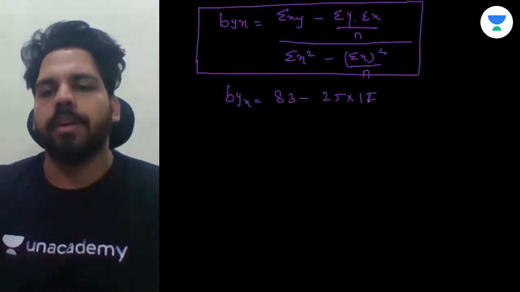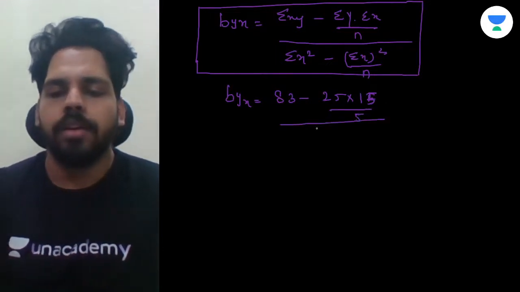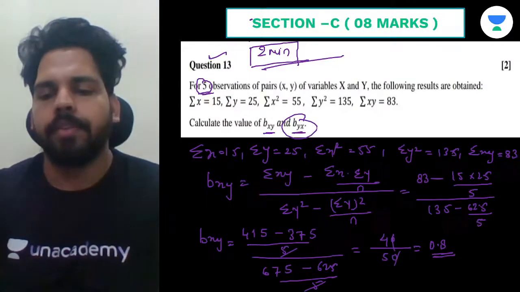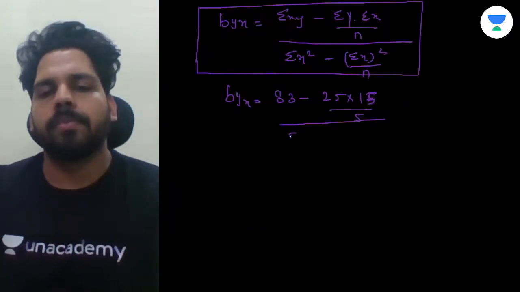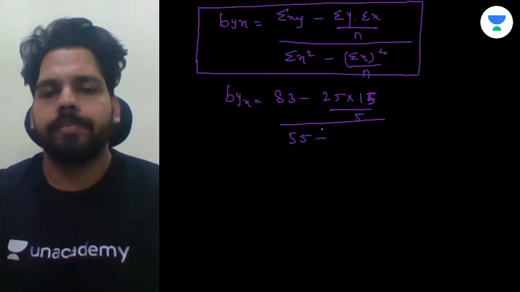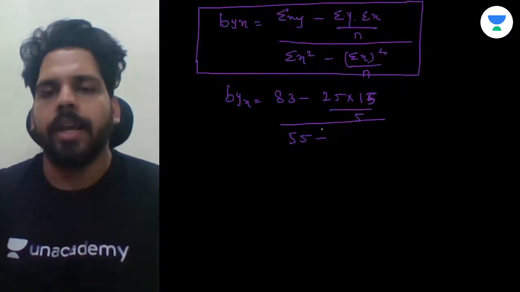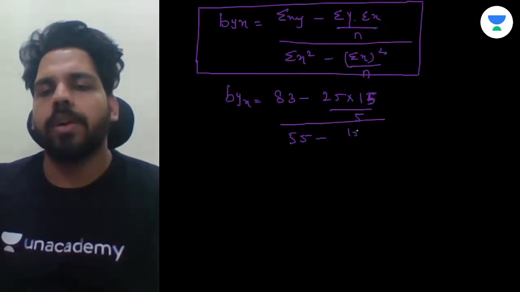This was 15 over here, right? Now divided by n, n is given as 5, whole divided by summation of x square, which is given as 55, minus summation of x, which is 15, and n is 5. So 15 whole square upon 5.